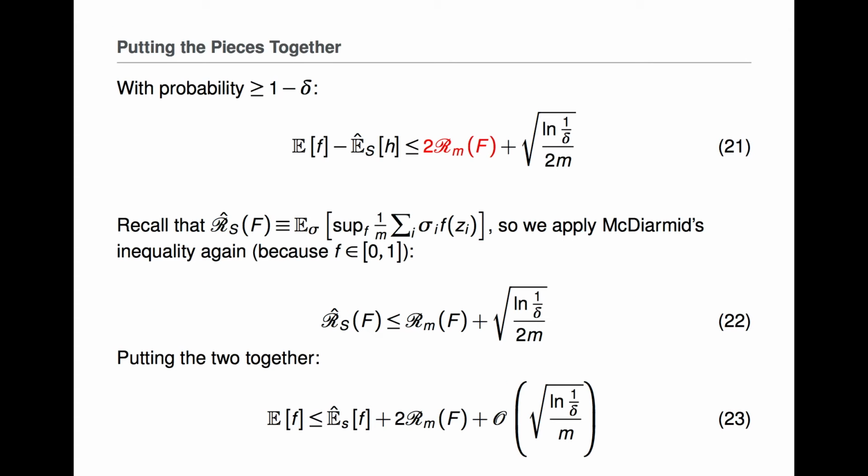Putting the two together, we now have something of the form that we want: the true expectation bounded by our empirical expectation plus the Rademacher complexity of our class of functions plus some fudge factor that depends on the probability that we want this to be true and the size of our data.